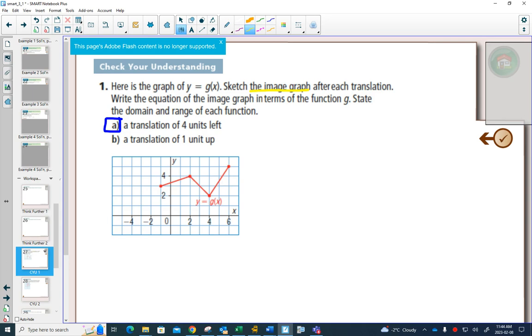What grade do you think would struggle moving this picture 4 units to the left? How far back would we go? 1, 2, 3, 4. Would this be beyond something a grade 3 student could do?